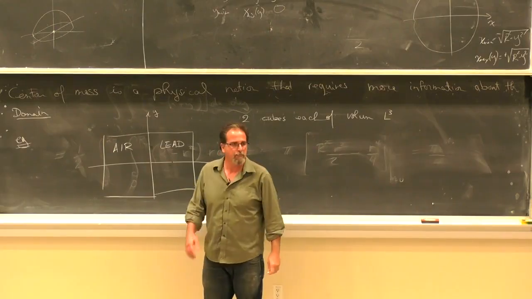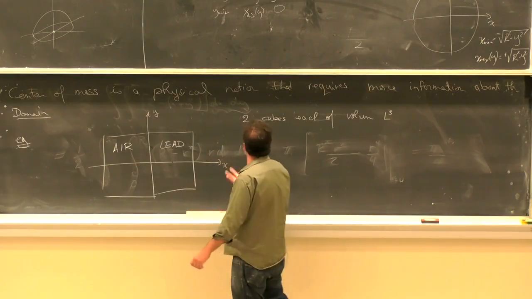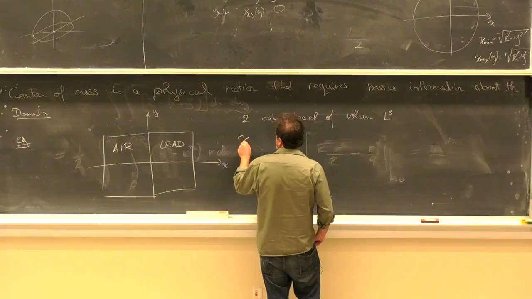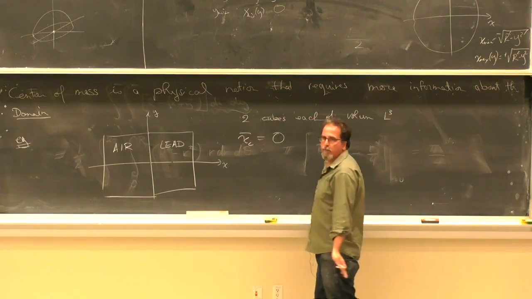So how do we define the center of mass? The centroid, xc bar, is equal to 0 by construction.